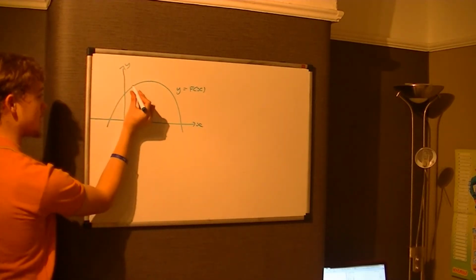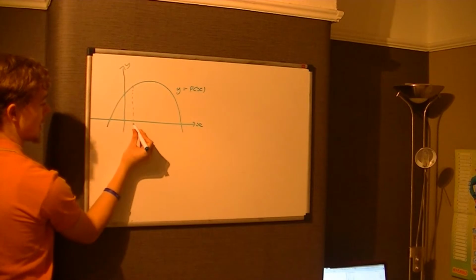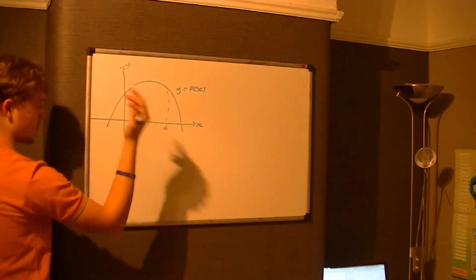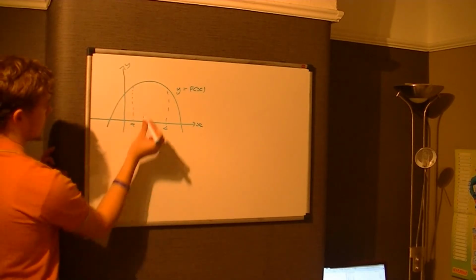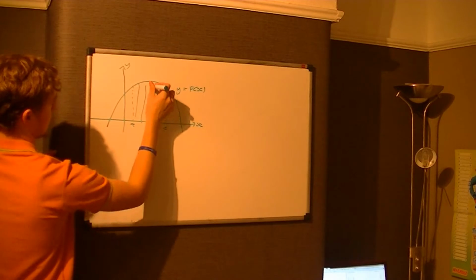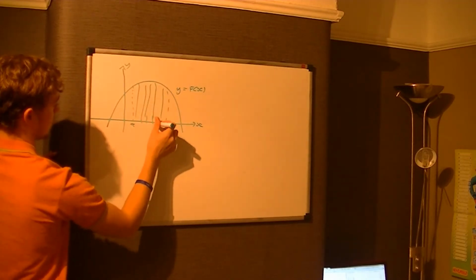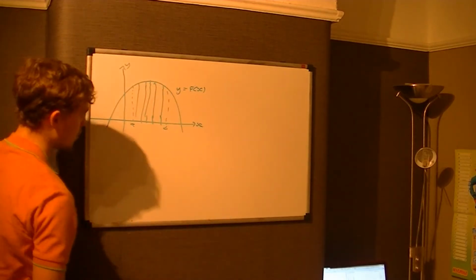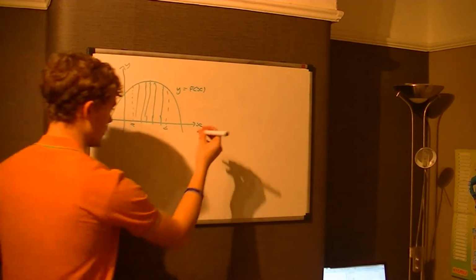We're told to integrate it between a here and b again. You would generally work something like this, so you'd have equal length trapeziums. Mine's not very perfect because I'm trying to do it quite quickly.